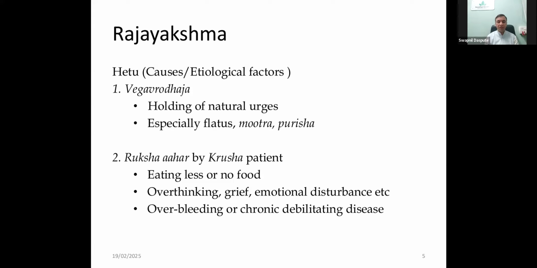We have seen this in Karsha, if you remember, the causative factors in the disease are similar: the patient is already thin and excessive vata aggravating hetus are consumed. Even in Sthaulya, what was the name of the disease? Sthaulya is the Sanskrit word, but anyway, in which we are targeting weight loss.